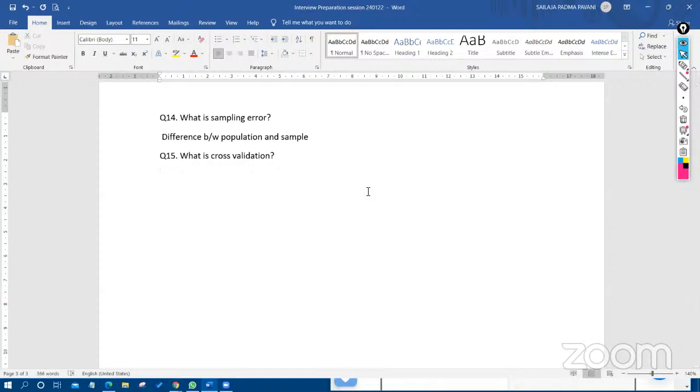So Sai Prashant says, in statistics, sampling errors are included when the statistical characteristics of a population are estimated from a subset or samples of that population.